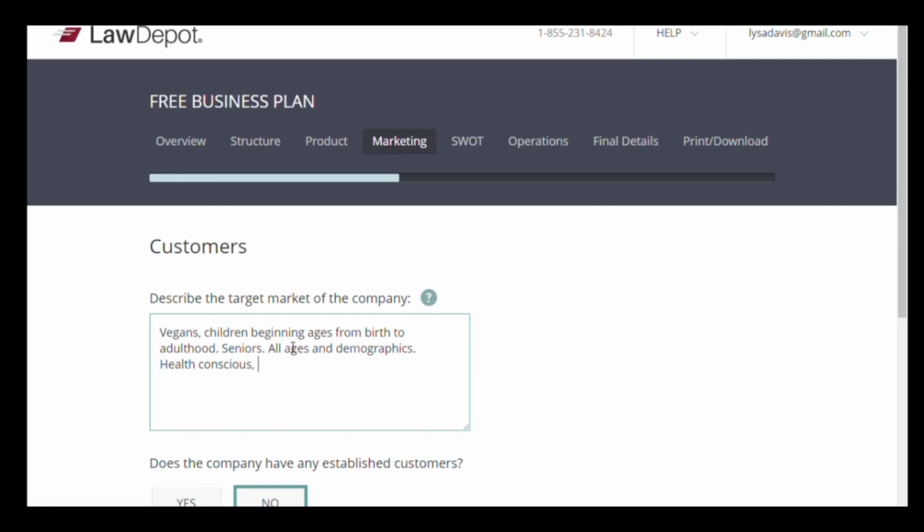Because this is who we're going to target, because they'll probably be more apt to purchase this product. So we definitely want to carve out a space. We don't want to say the whole world is our market, right? We want to target what market, what industry would be more apt to use our product. So we definitely know it'd probably be the same folks that go buy smoothies, or that work out or do yoga, the same folks that are vegan, or health conscious, right?